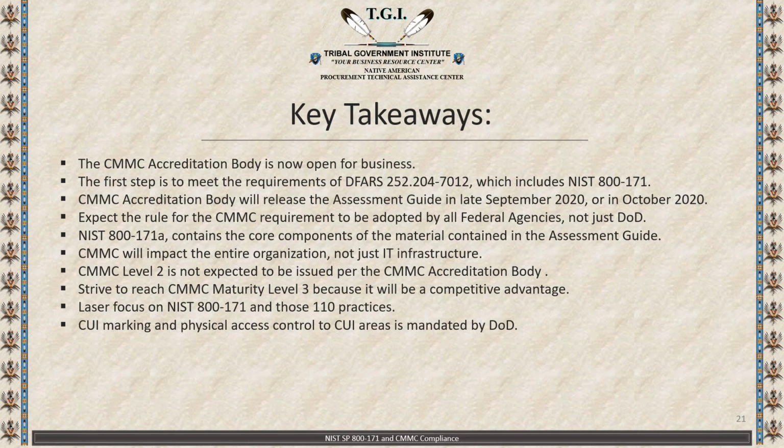We recommend to strive to reach CMMC Maturity Level 3 because it will be a competitive advantage and minimize the number of DoD contracts, or just contracts in general, that are out of reach. Laser focus on NIST 800-171 and those 110 practices, and that's something that you can start on now. CUI marking and physical access control to CUI areas is mandated by the Department of Defense.